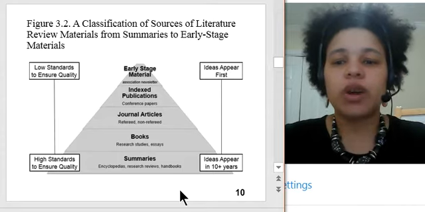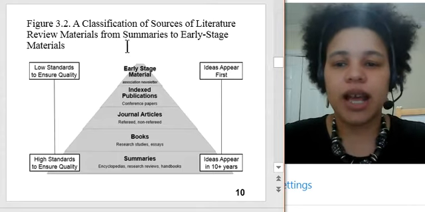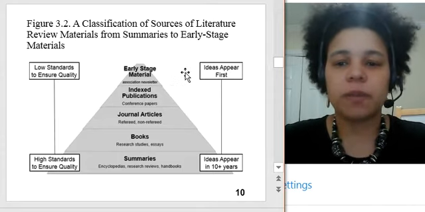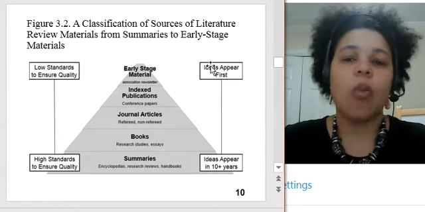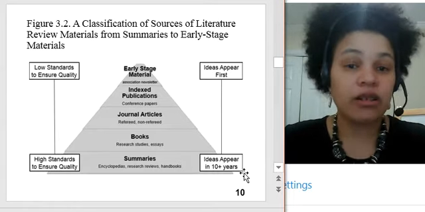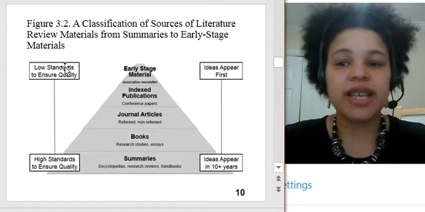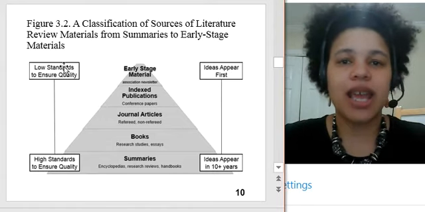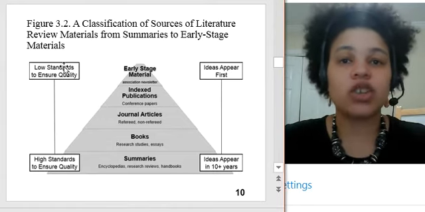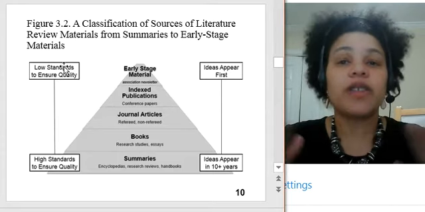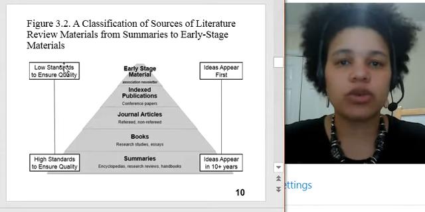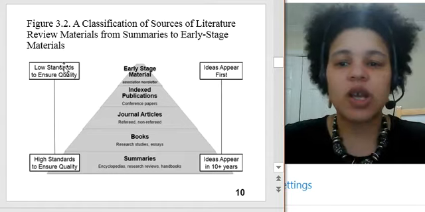And so basically it lists different sources and how current they are on the one hand versus the standards, the gatekeeping, the extent to which they have been reviewed essentially before they're available to the public.